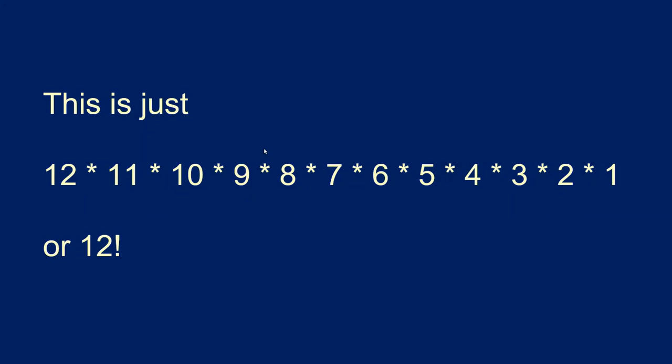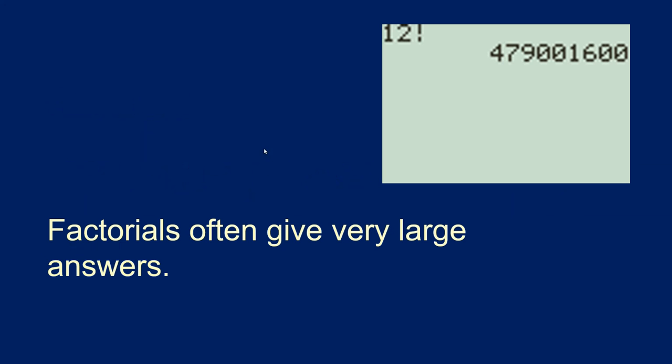Or you could haul out the calculator and do 12 exclamation point, 12 factorial. And you can see that you get a pretty large number: 479,001,600 is the answer for 12 factorial. So we'll go well past the number of days in the school year before we've exhausted all the different possible orders of doing that.